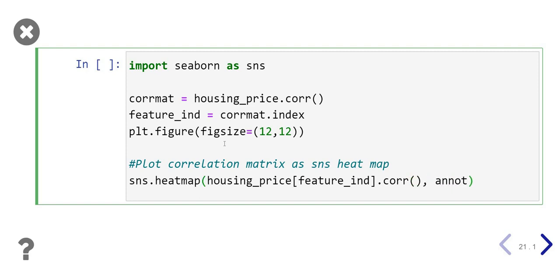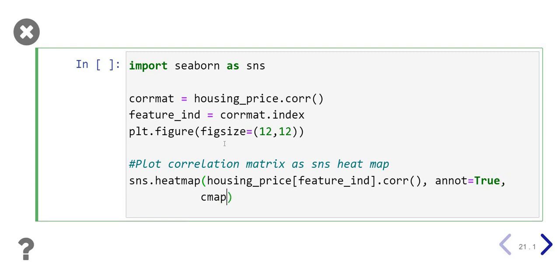Annotation. So there's two functions that we need to use: annotation and also the color map. Which means it will give the proper annotation on each box on the heat map, and also it gives all these color choices for the heat map. So annotation means you're going to set annotation as true, so you can annotate each one of it. C map is where you set the color map.